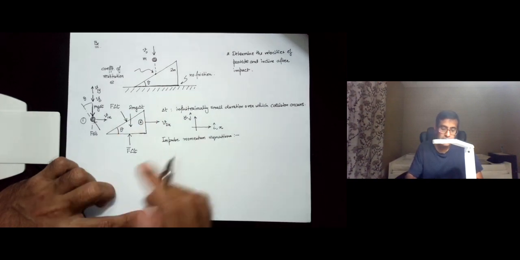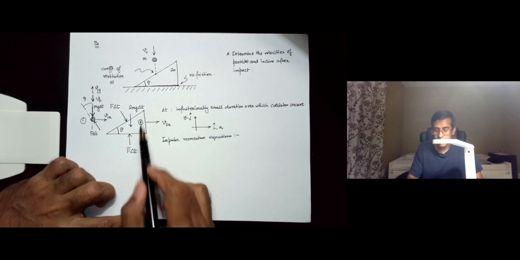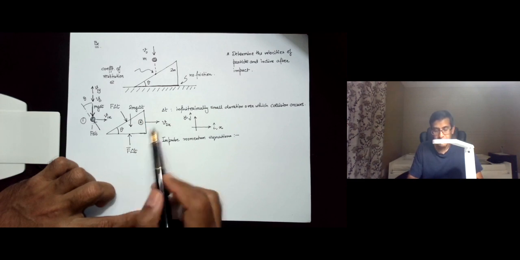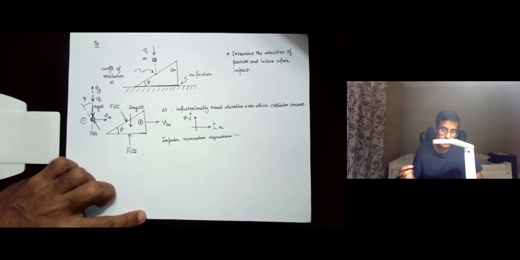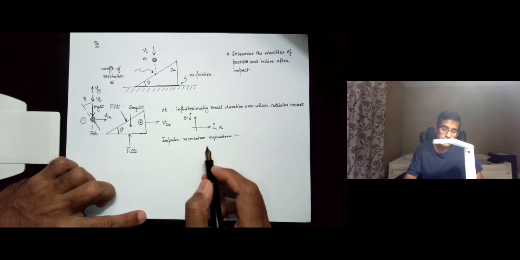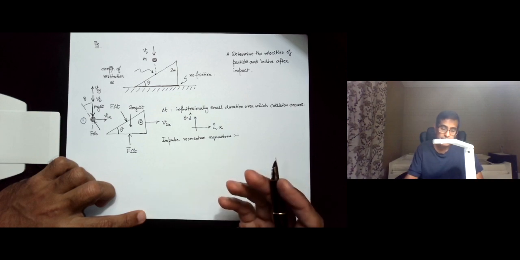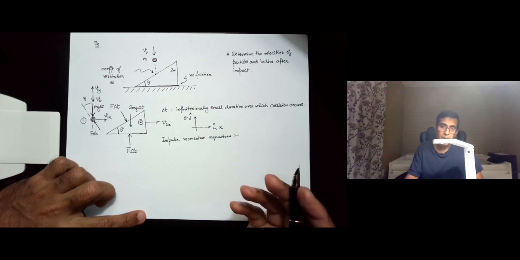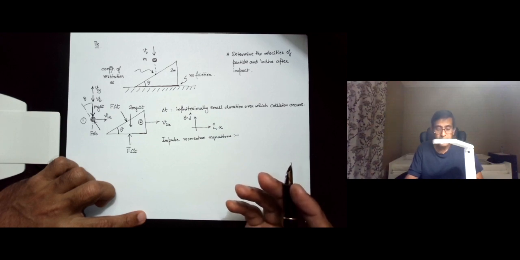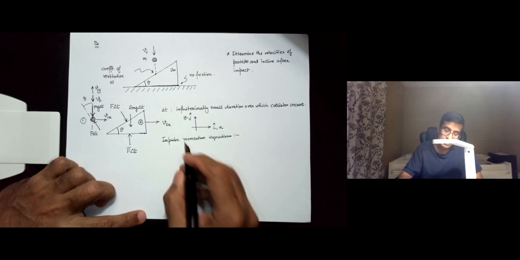But for particles, and here we are not considering the dimensions of this because there is no rotation involved of the incline, we are only limited to linear impulse momentum equations. And the linear impulse momentum equations are quite simple. They basically say that the change in momentum of a particle along a certain direction is due to the net impulse along that direction.